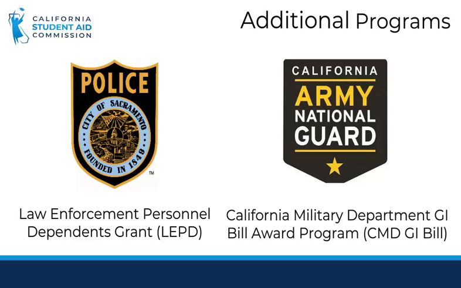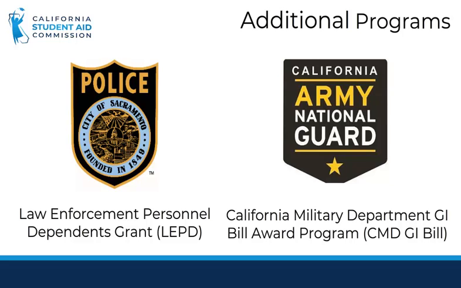The California Military Department GI Bill Award Program, CMD GI Bill, formerly the California National Guard Education Assistance Award Program, CNG EAAP, is a state-funded grant for up to 1,000 service members in the California Military Department, or as many participants as the annual budget will allow.